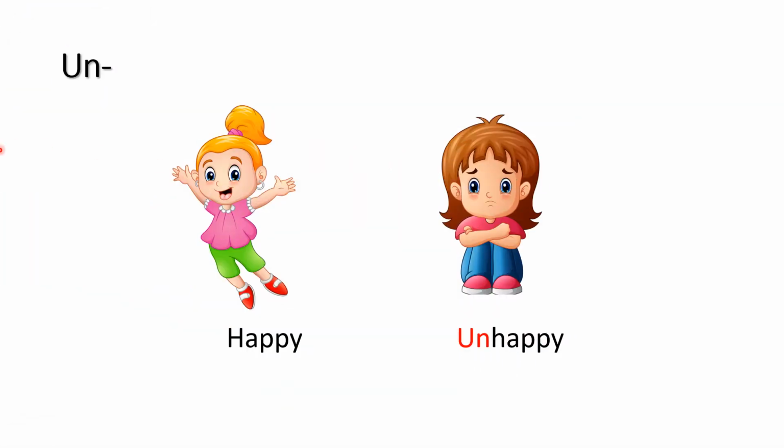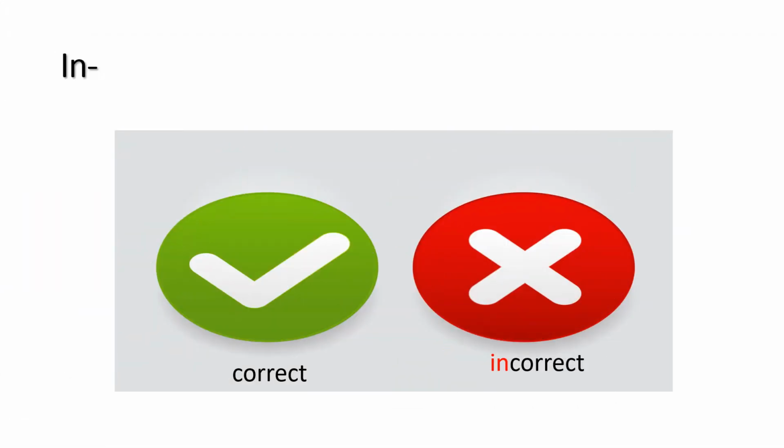The first prefix here is un. Say, for example, happy. We can add un at the beginning of these words, and thus it becomes unhappy. The next prefix is in.